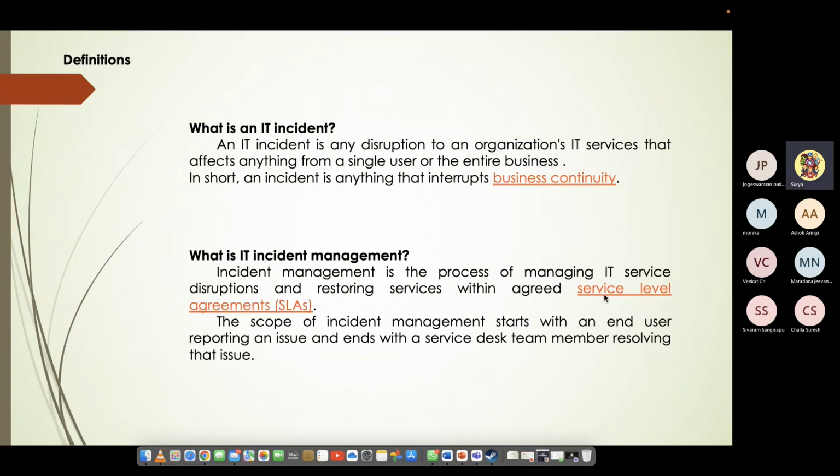If someone asks how you can define incident management or what the objective of incident management is, you can answer that the main, prime objective of the incident manager is to restore the services as soon as possible. So whenever there is an interruption or an incident is reported, it is your responsibility to restore the services as soon as possible. Okay. Any doubts for this particular slide?